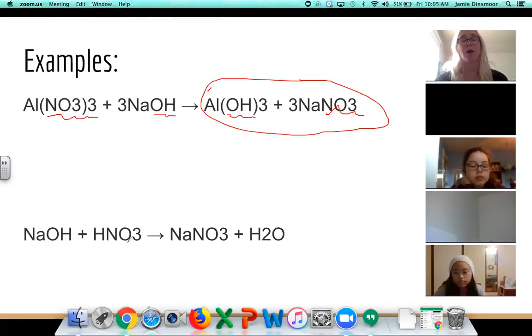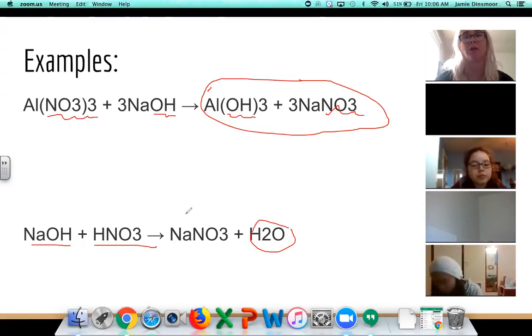So this is another classic example of when we do a base plus an acid, we end up getting water and a salt. I know sodium nitrate doesn't seem like it would be a salt, but it is, right? So we end up getting a salt and water. We will look at exactly the other types of things we might see in these reactions in a second.